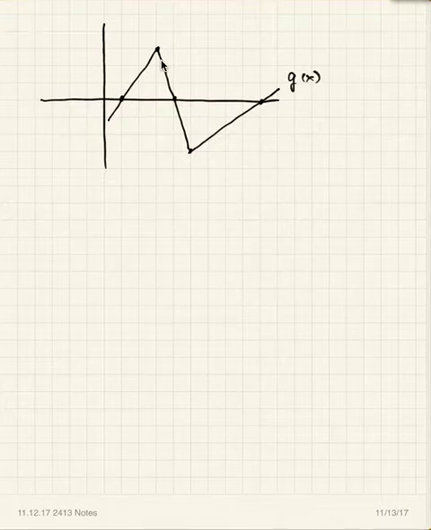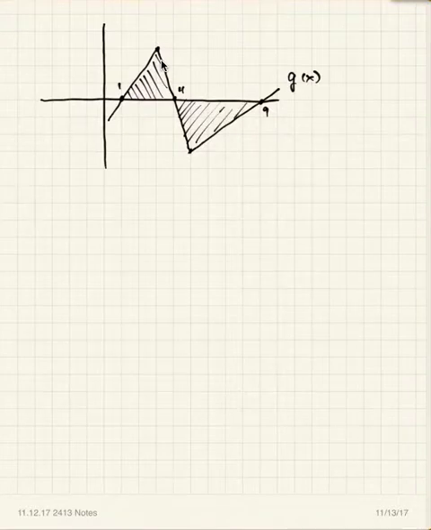And we are after the area, so this is x equals 1 right here. Here's x equals 4, 5, 6, 7, 8, 9. Here's x equals 9 right here. And we are after how the area of this region and this region are connected to each other, and how they're connected to the definite integral right here.